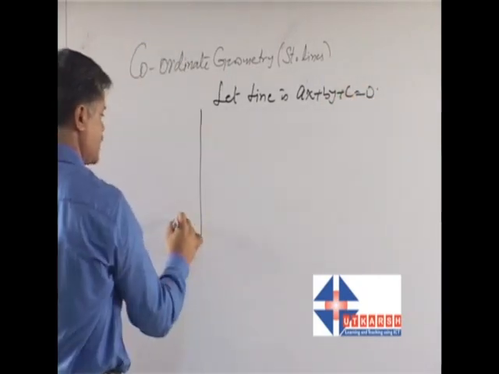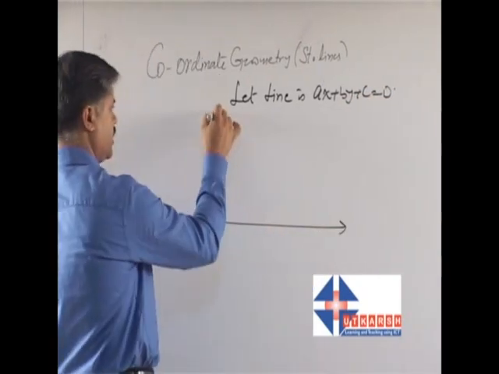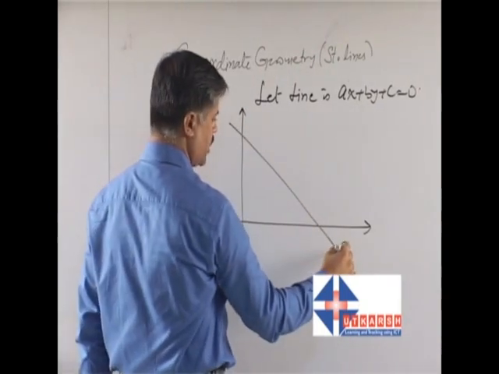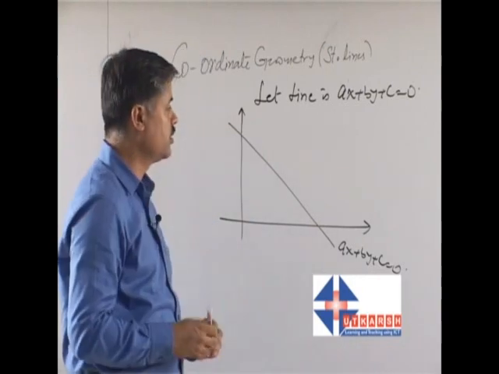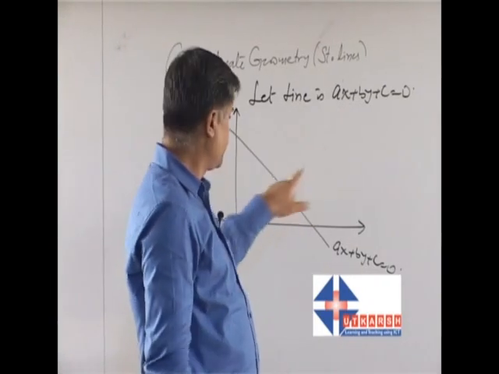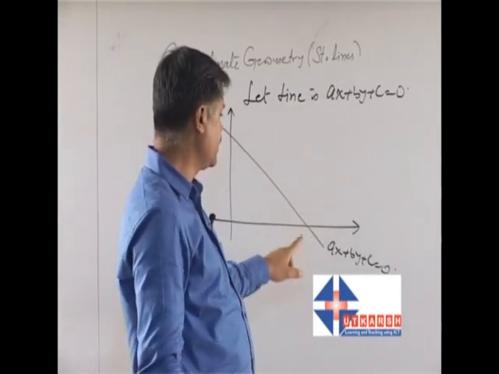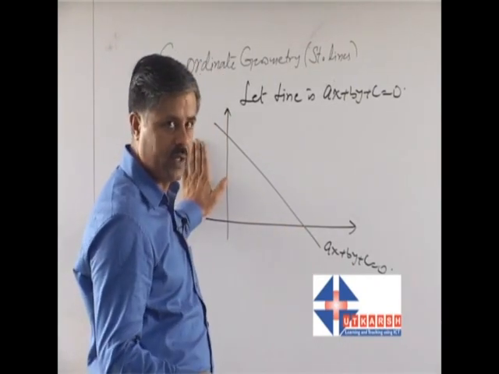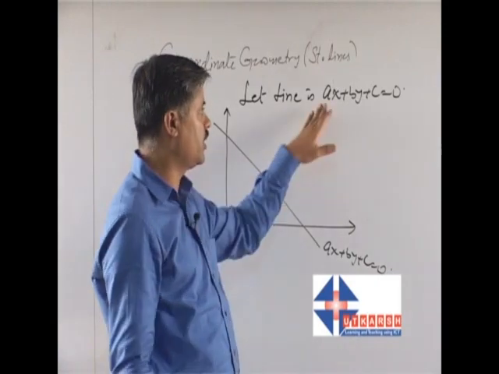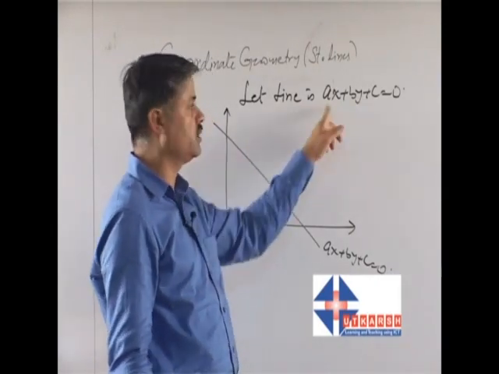If you have the point, the slope, or the intercepts on the x axis or y axis, you can find the equation of the line. Now how will you find out all those things using this line?